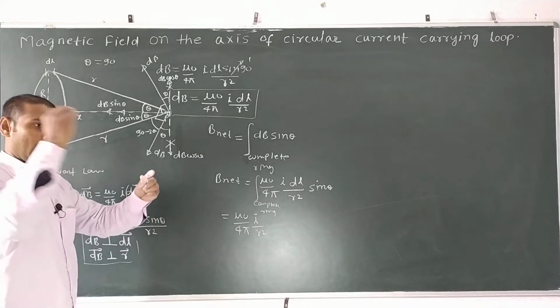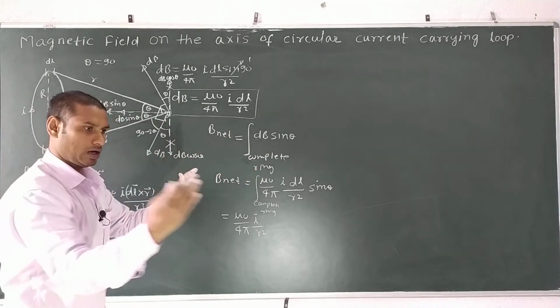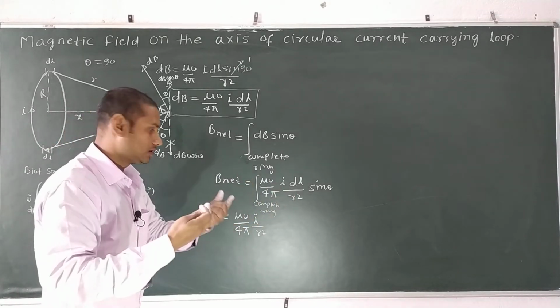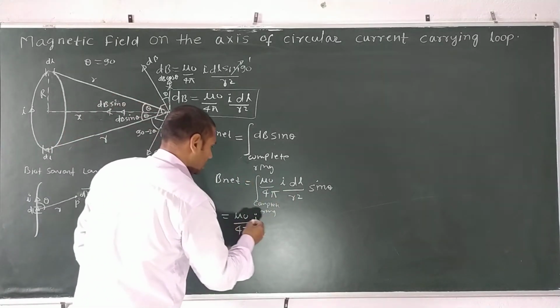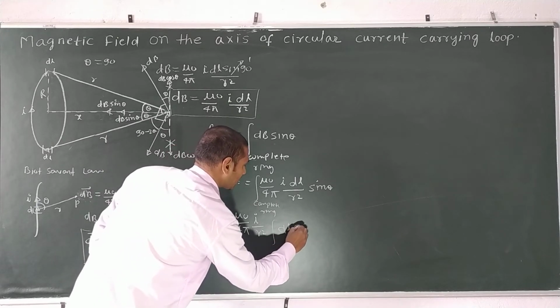This one ring means r, all r is constant, so it will come out, and only dl and sin theta remain.